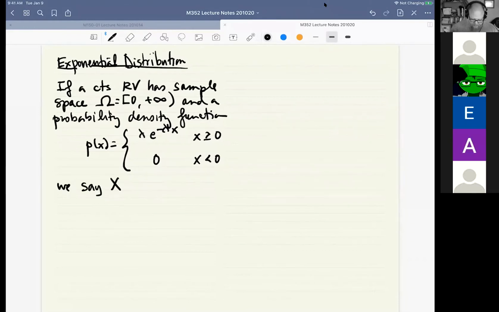We say x, so if a continuous random variable, we're calling it x, we say x is exponentially distributed with parameter lambda.